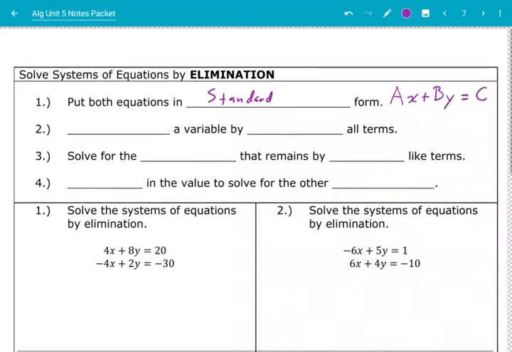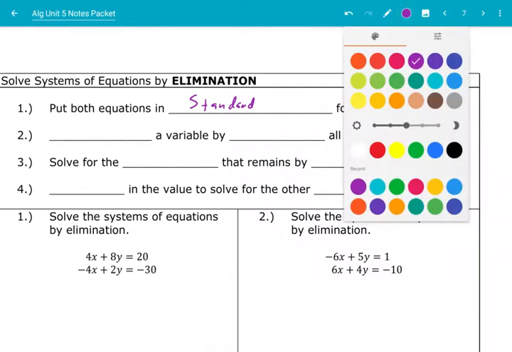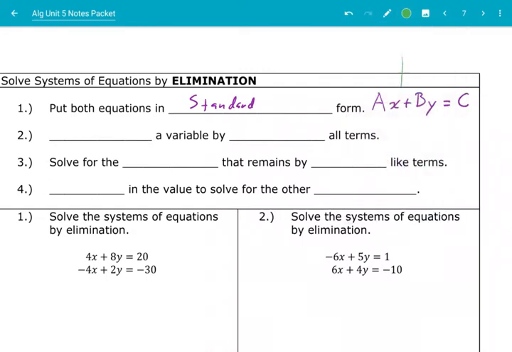There's a reason that we do this, and that reason is as follows. This way we have 3 columns. Here I have the x terms column. Here I have the y terms column. And here I have the constant column.